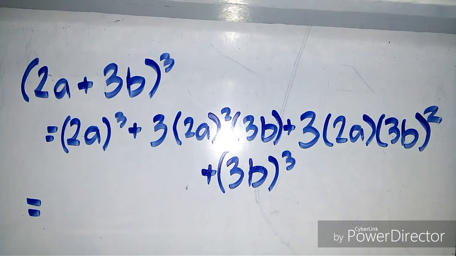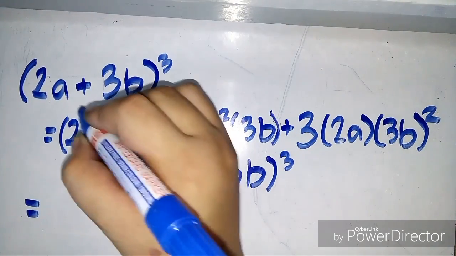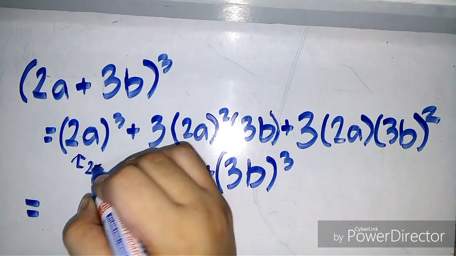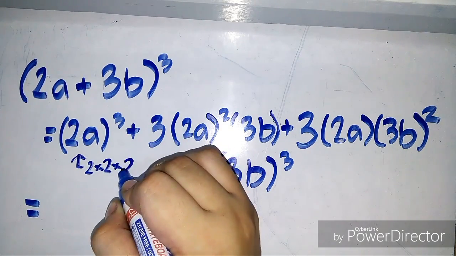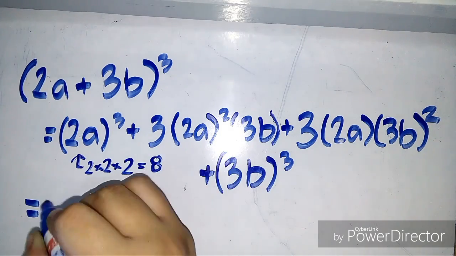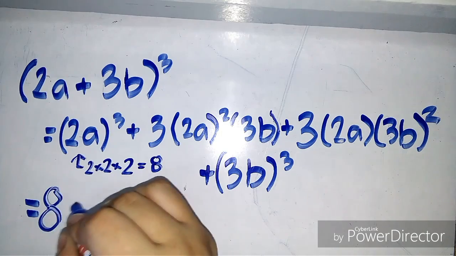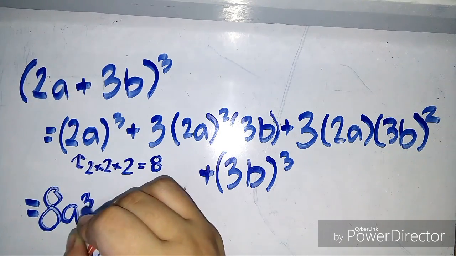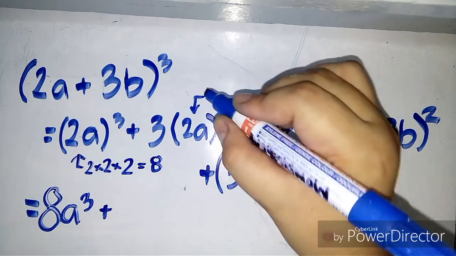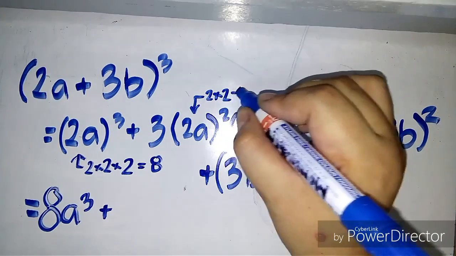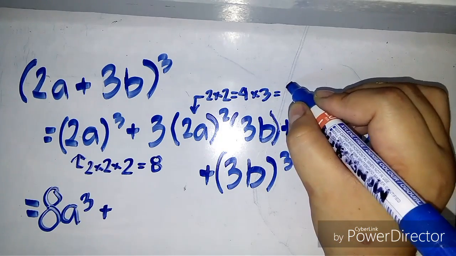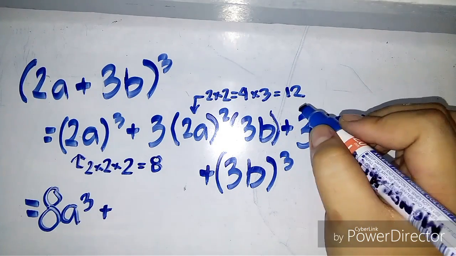Then we answer. So 2 times 2 times 2, that would be 8. So we're going to write it over there to ensure our final answer. Then a cubed plus 2 times 2 is equal to 4, and then times 3, that would be 12.